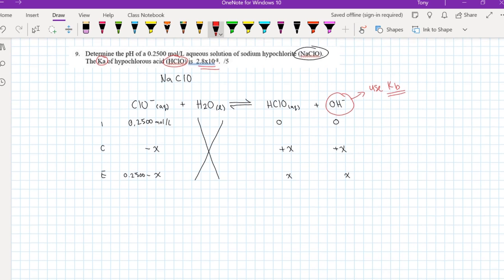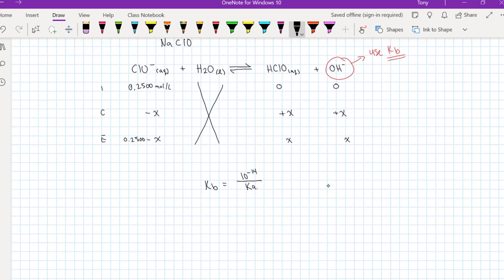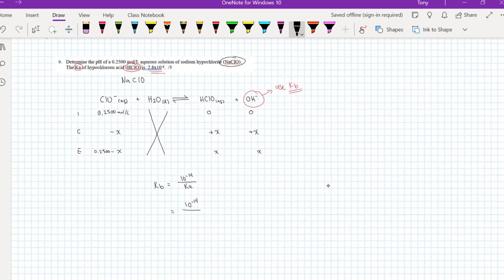So to find the Kb from the Ka, we're going to use this equation. Kb is equal to 10 to the negative 14 divided by the Ka value. When we do that, we get 10 to the negative 14 divided by, in this case, 2.8 times 10 to the negative 8, which was given in the question as our Ka.